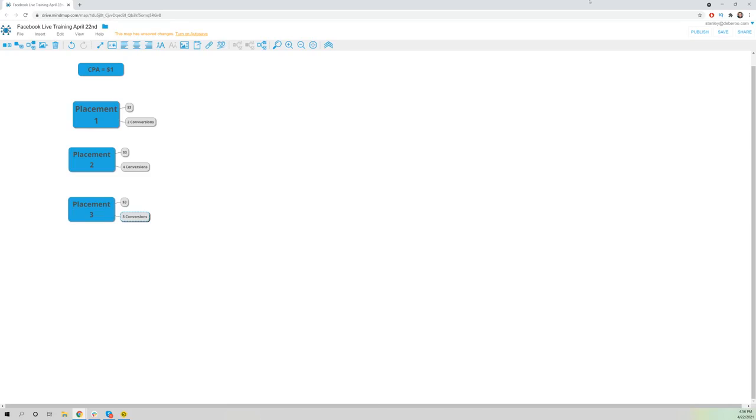Because if we would turn off placement 1 right now, we might turn off a very successful placement, but we just don't know it yet because the sample size is so small. So at this point, we don't want to make any decisions that we might regret later, which is why we continue. All right, so we're gonna do day 2.